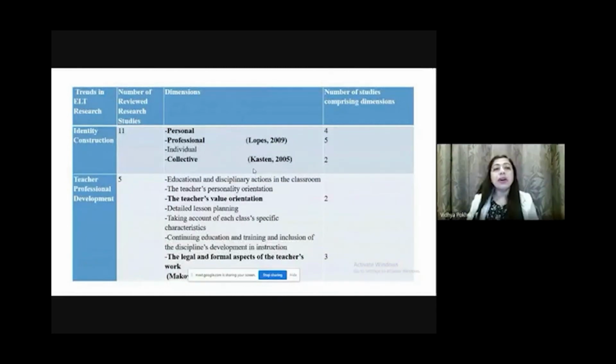Now, focusing on my research, the majority of my research are towards identity construction.